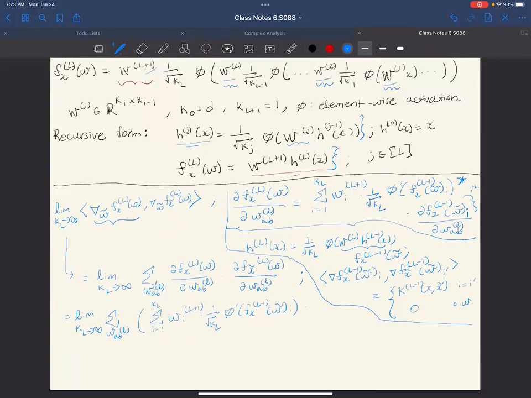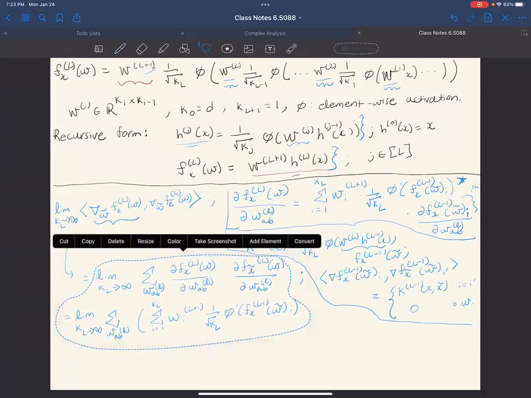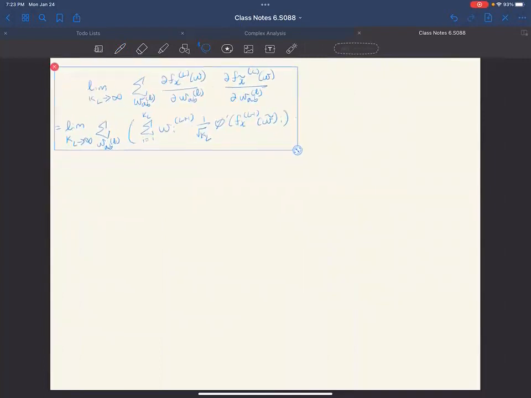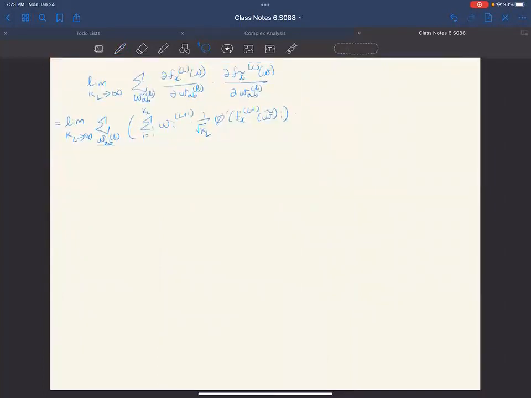times the, actually, because we're running out of space on this one, I'm just going to copy these over to the next page. I want to copy all of this over. Okay. Now here, what we had from before is just the partial derivative of f L-1 at W tilde I by partial WAB, the L. Okay.